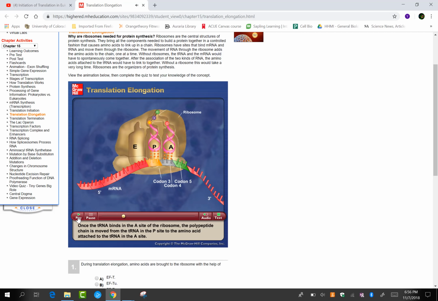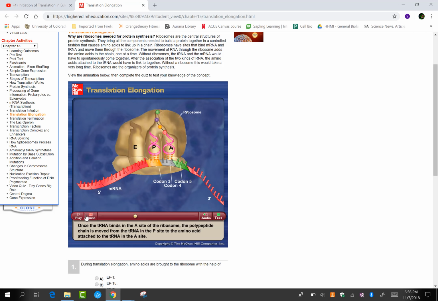Once the tRNA binds in the A site of the ribosome, the polypeptide chain is moved from the tRNA in the P site to the amino acid attached to the tRNA in the A site. Okay, so remember I talked about how we have this transfer of the peptides back and forth between the P and the A site.